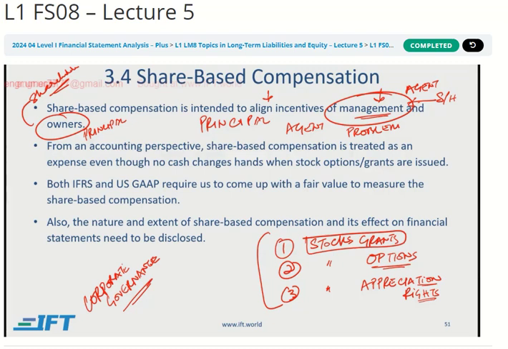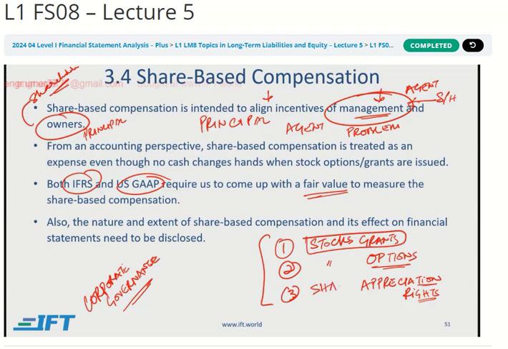And what is common in all three situations is that whether you're doing IFRS or US GAAP based financial reporting, you need to come up with a value of this compensation that you're giving to the management, this share based compensation, whether it is a grant or a stock option or a share appreciation right.